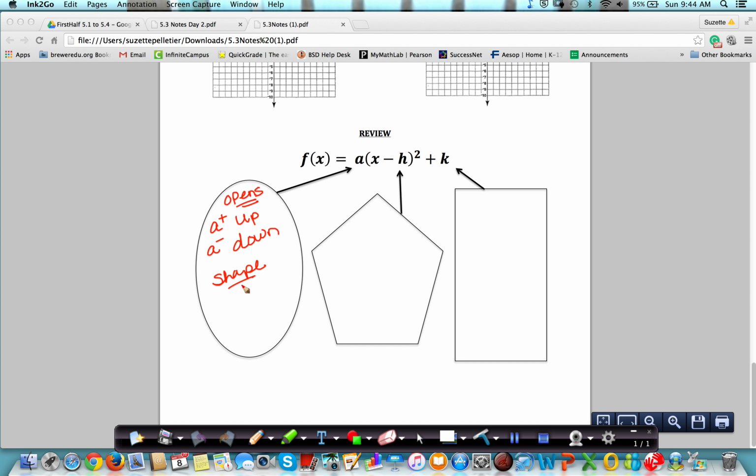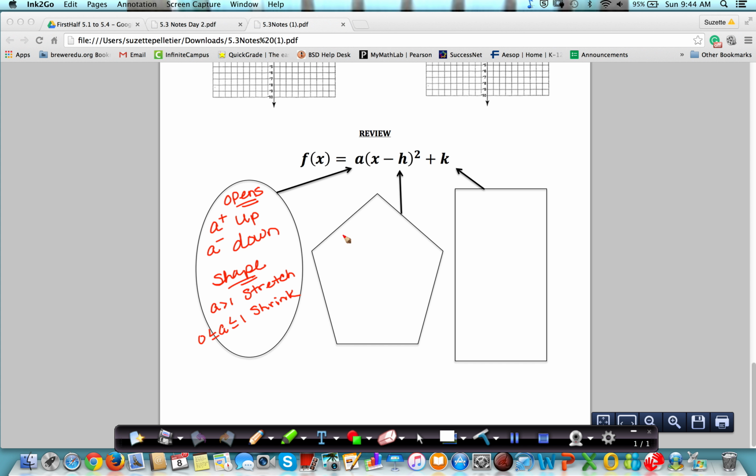So when A is greater than 1, we're stretching it, right? So it's going to be twice as tall, 3 times as tall. When A is between 0 and 1, then it is a fraction, and it's going to be a shrink. It's going to be a third of its height or half of its height. So A gives us a lot of information about which way it opens and which shape it is.